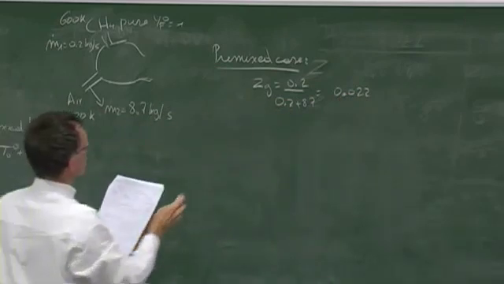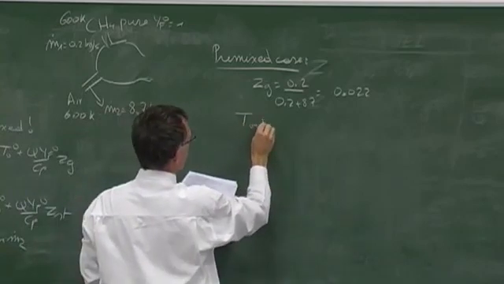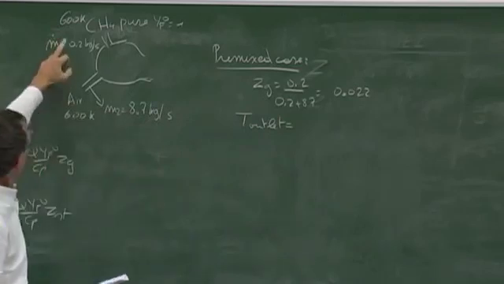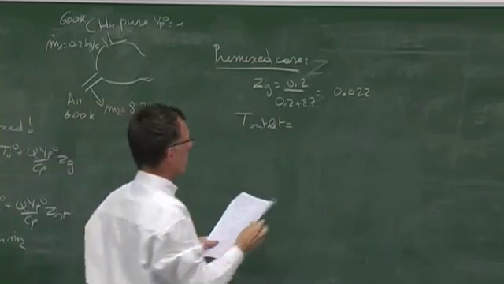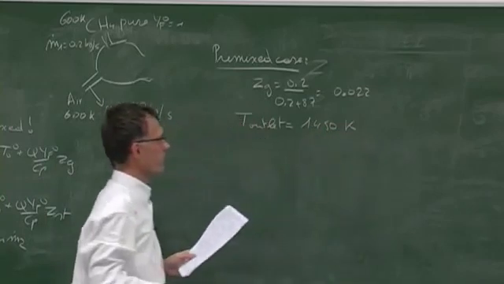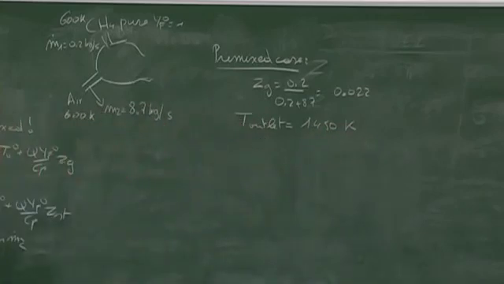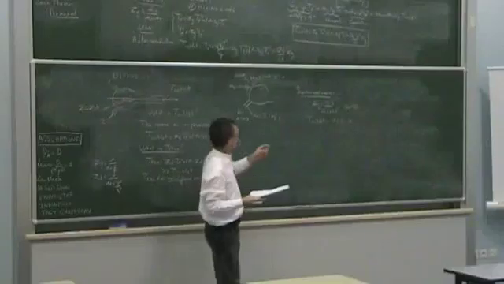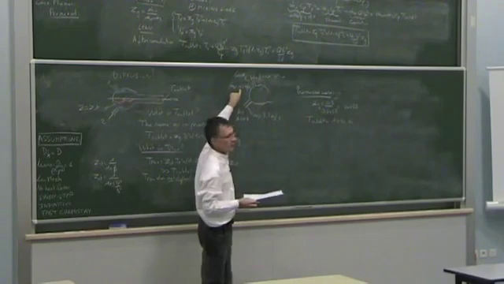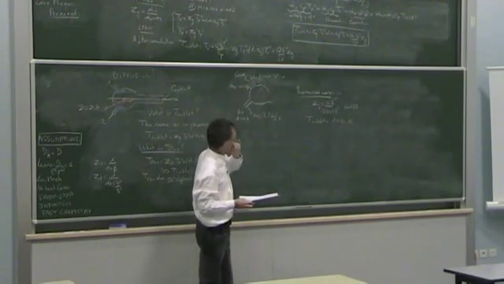And if you compute T outlet with these numbers, you find something like 1415 K, which is a low temperature for combustion. Why is it low? Well, it's because we are working on purpose in a lean regime where we don't inject a lot of methane here.